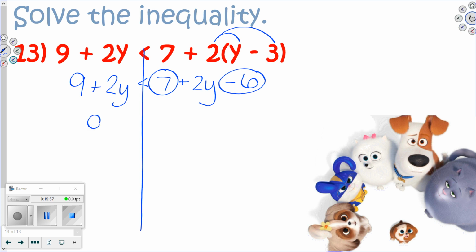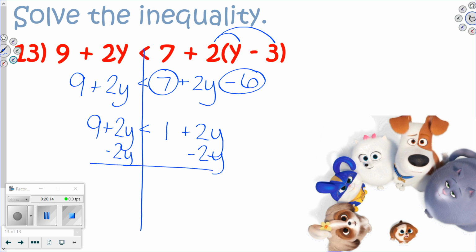So 9 plus 2y is less than 1 plus 2y. Move your variables. Let's subtract the 2y. What happens to your y's? They do cancel. So I have 9 is less than 1. Good, because 9 is not less than 1, this is no solution.